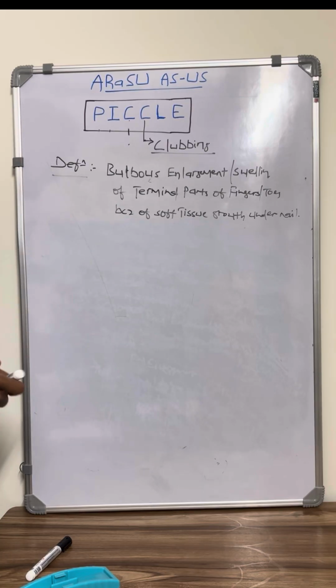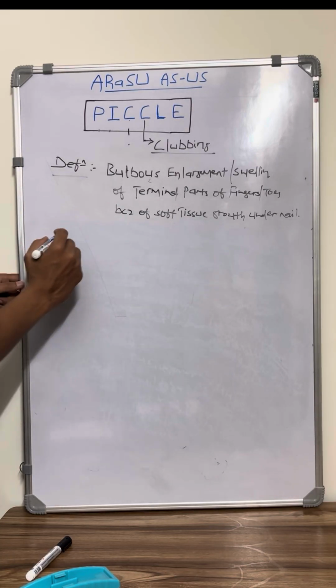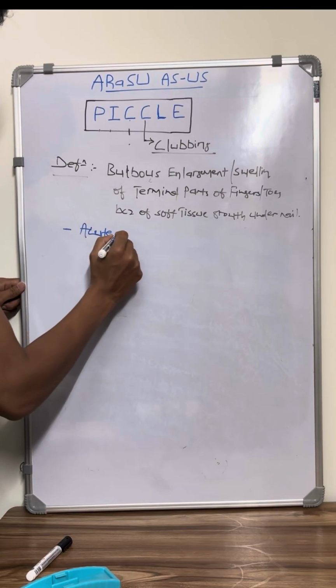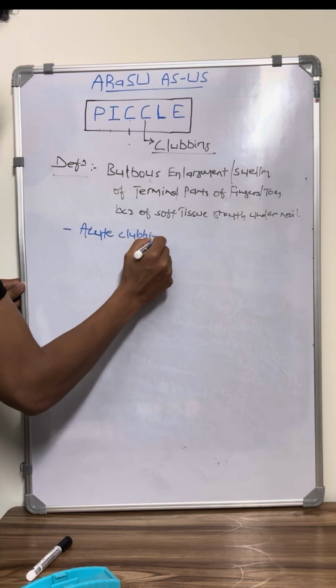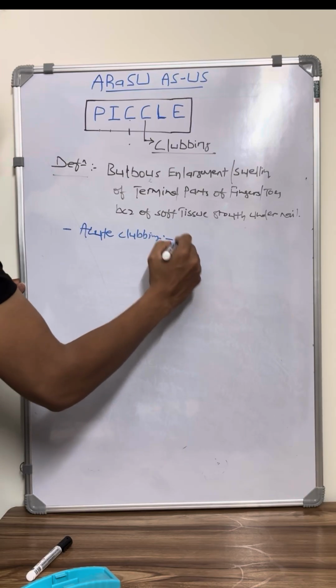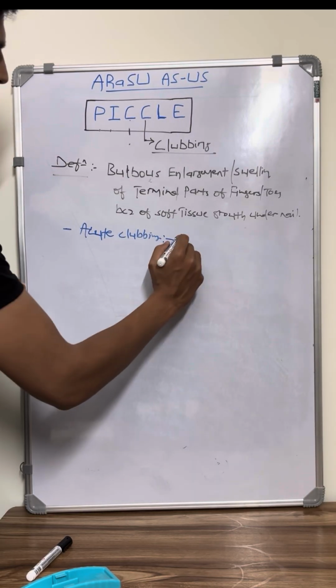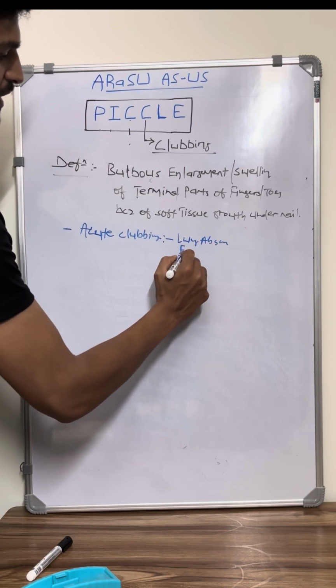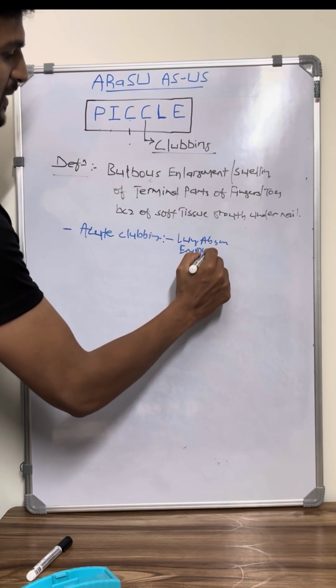Coming to some higher level discussion related to clubbing, they might ask what are the conditions for acute clubbing. Mainly we have just listed lung abscess and empyema.